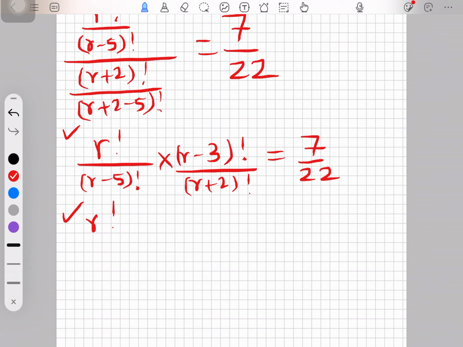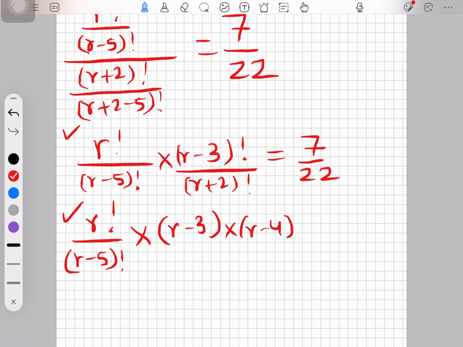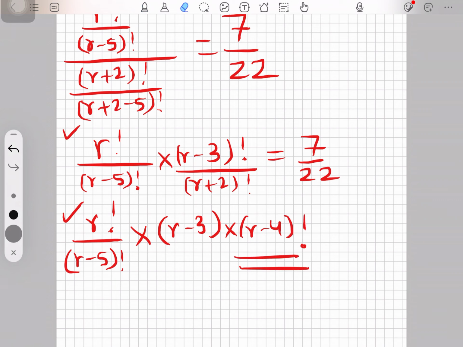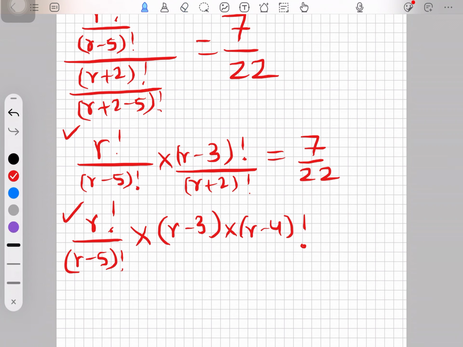So r factorial by r minus 5 factorial times, let's change this r minus 3 factorial. Let's write it as r minus 3 times r minus 3 minus 1, which gives us r minus 4 factorial, and so on. Now let's not even keep this, let's change it to r minus 5 factorial.